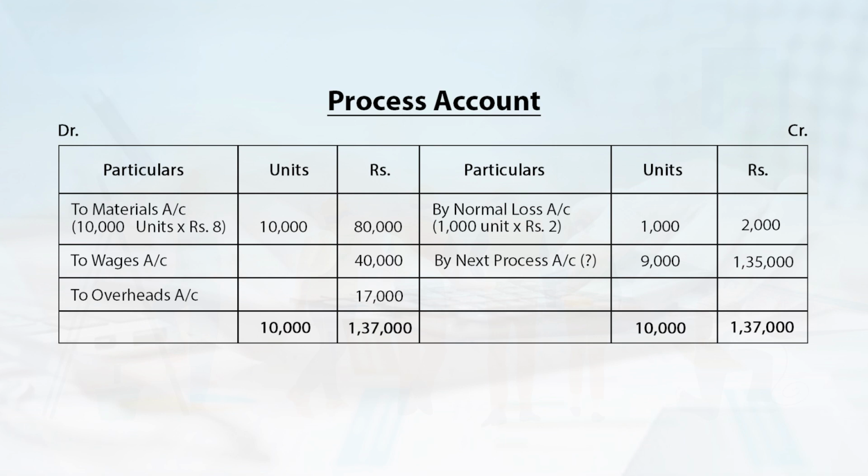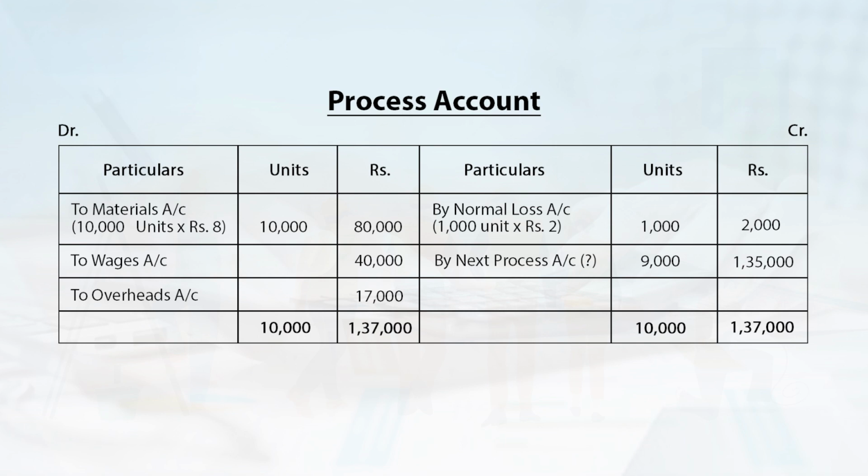Next is to overhead account, rupees 17,000. And on the credit side, by normal loss account, 1,000 units, which are sold at rupees 2 per unit, giving us a value of rupees 2,000. So, in the units column we will write 1,000 units and in the amount column we will write 2,000 rupees, and the balancing figure will be transferred to the next process.